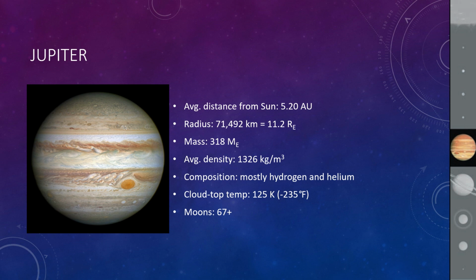For example, Io is the most volcanically active world in the solar system. Europa has an icy crust that may hide a subsurface ocean of liquid water, making it a promising place to search for life. And Ganymede and Callisto may also have subsurface oceans, and their surfaces have many features that remain mysterious.